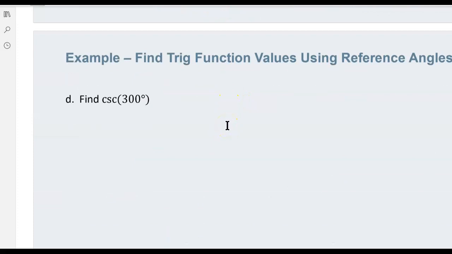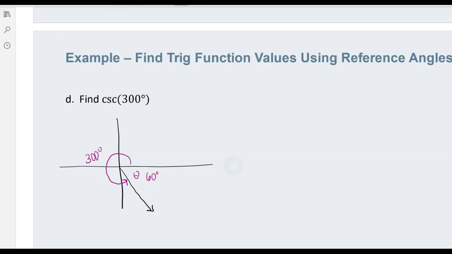Let's do one with cosecant of 300 degrees. That's going to be over here. 300 degrees is like this, and the reference angle is going to be 60, right? Now, cosecant is the reciprocal of the sine.